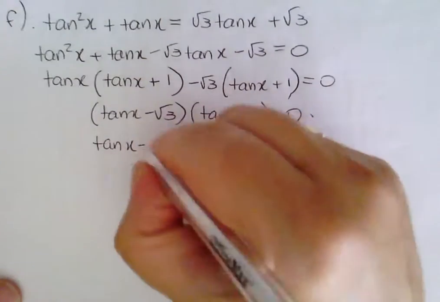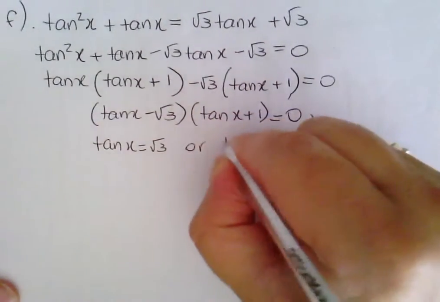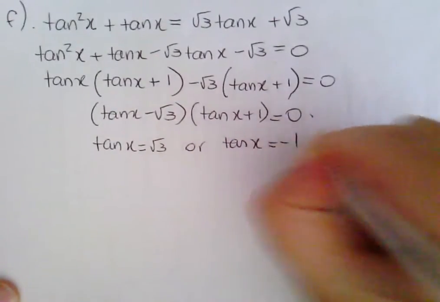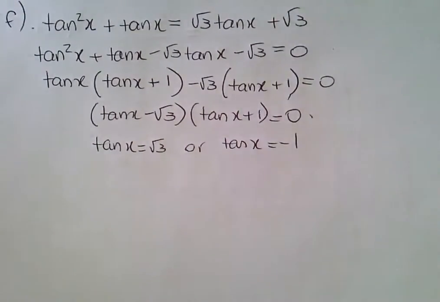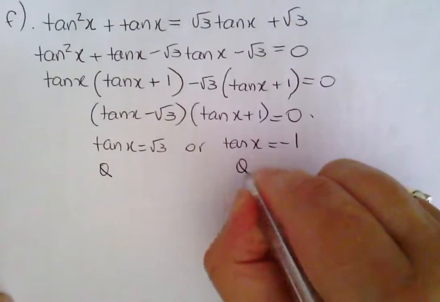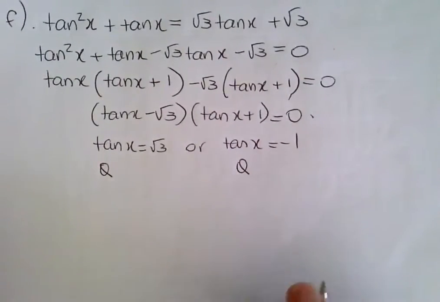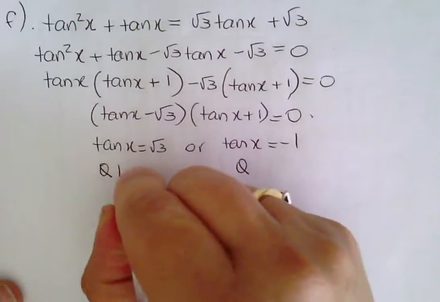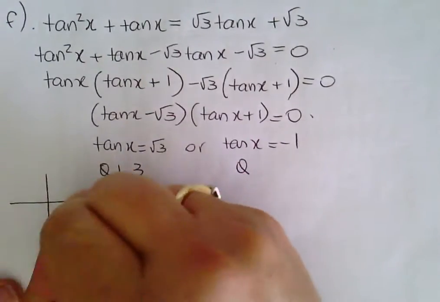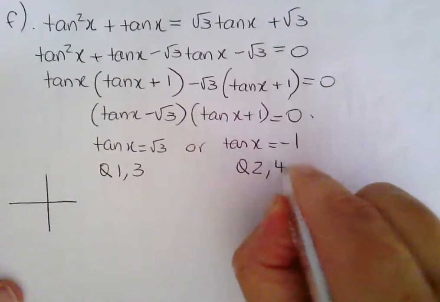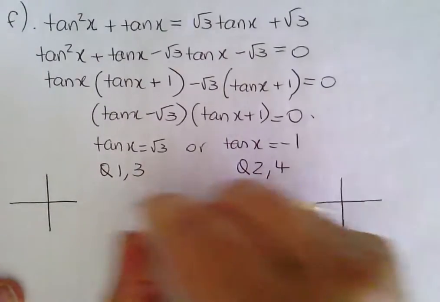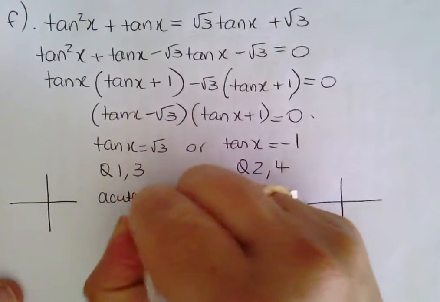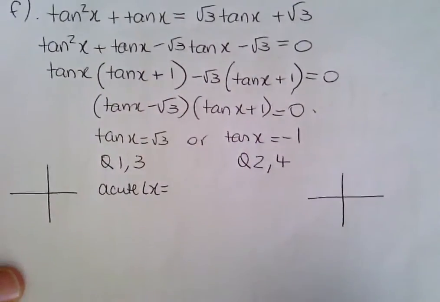So now we've got, therefore, tan x equals root 3, or tan x equals negative 1. So which quadrants? Tan x is root 3 is quadrants 1 and 3, and tan x is negative 1 is quadrants 2 and 4. All right, acute angle x, tan of what is root 3?